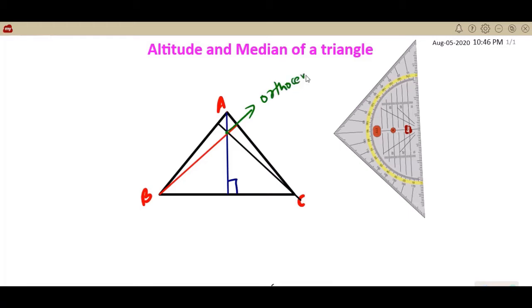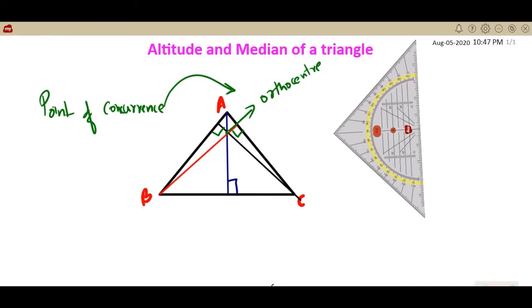When altitudes are drawn for a triangle, all 3 altitudes will meet at a point, and the point of concurrence, meeting point, is named as orthocenter. The point of concurrence. Okay, we call it as orthocenter.